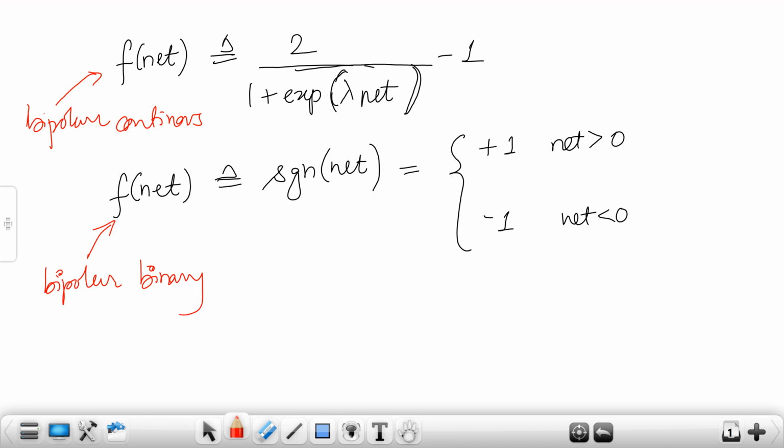Bipolar continuous, as the name suggests, has a continuous range of values. Now what is lambda, by the way? Lambda is the steepness; it controls the steepness of the continuous function f(net). As lambda becomes infinity, it will become signum(net).